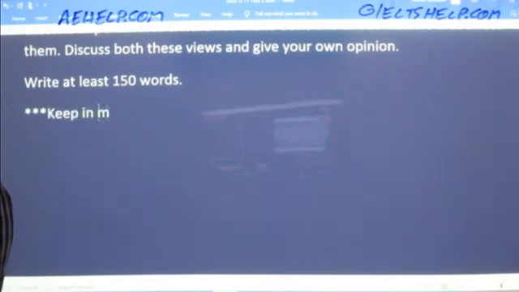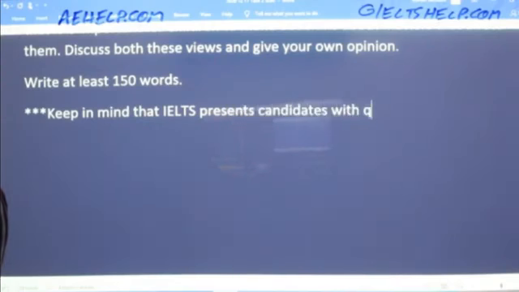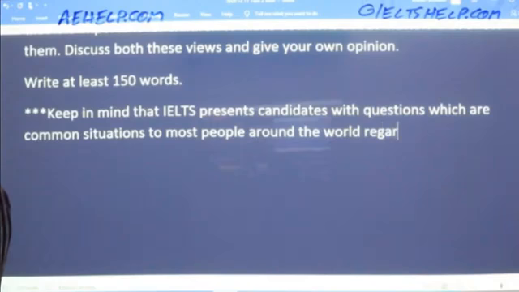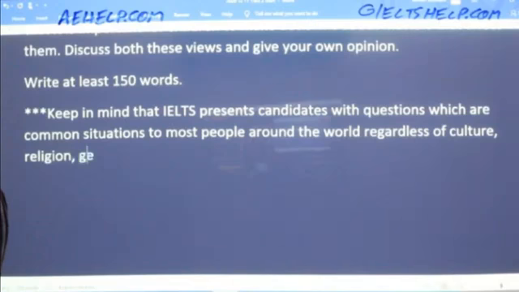So keep in mind that IELTS presents candidates with questions which are common situations to most people around the world, regardless of culture, religion, gender, and ethnicity.